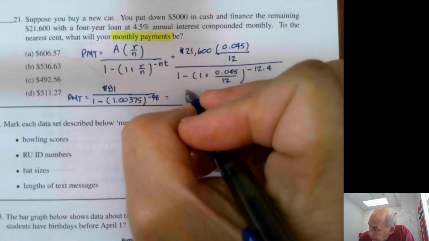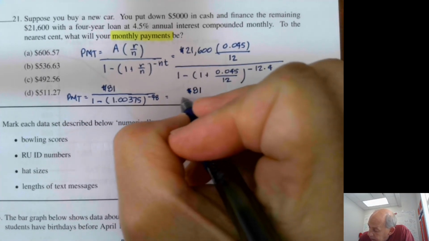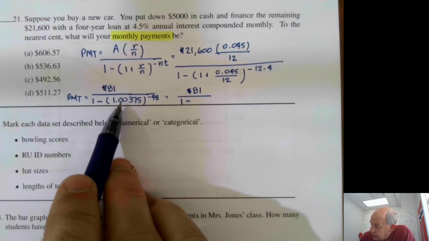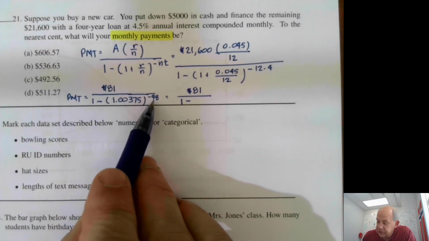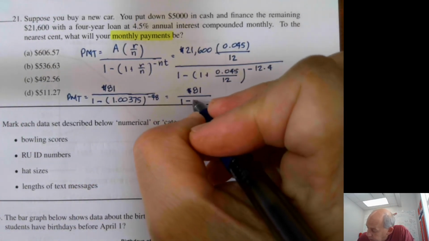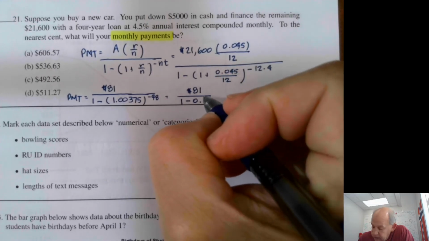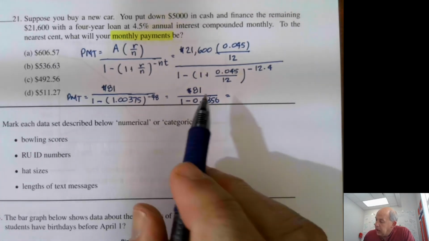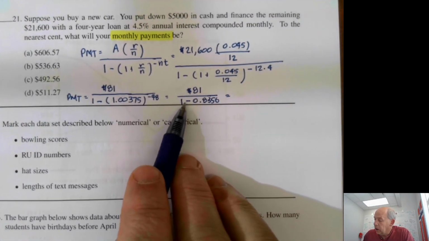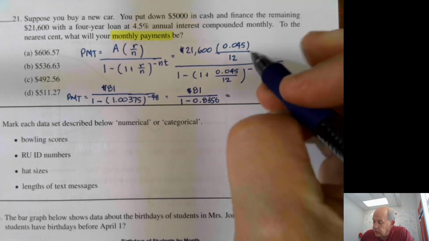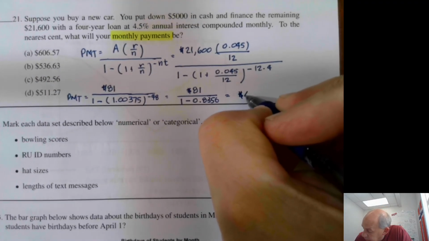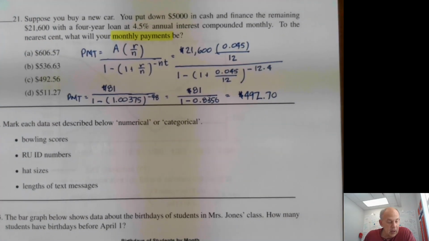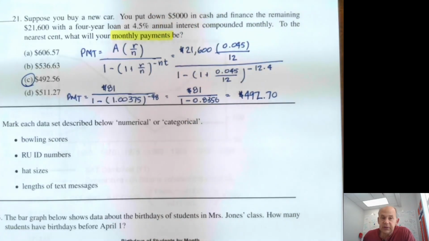So I have 81 upstairs divided by 1 minus 1.00375 raised to the negative 48 power, which is 0.8356. And when I divide 81 over 1 minus that value, I'm going to get 492.70. My answer is choice C.